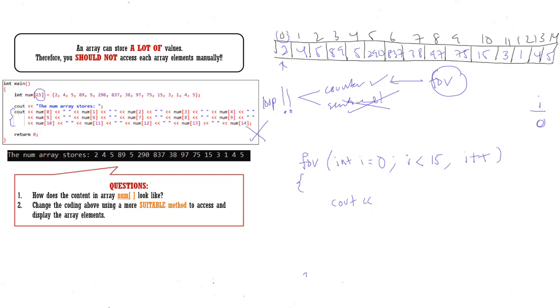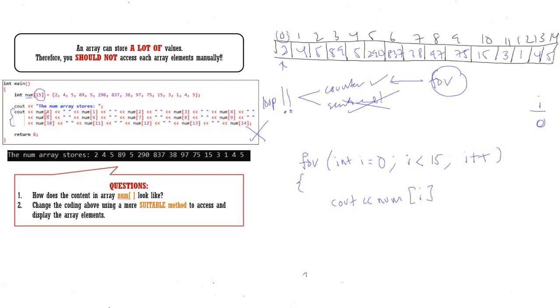Since the name of the array is num, you write num. Do not write 0 here. Why? Because right now we're accessing i, so num[i]. The i will replace each of the indexes that you see here. So cout << num[i].